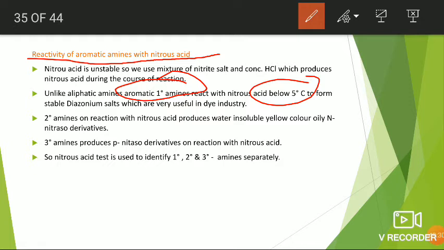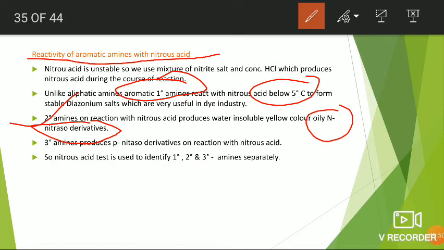Next, in the case of secondary amines, aromatic secondary amines also undergo reaction with nitrous acid to form an oily N-nitroso derivative, as in the case of aliphatic amines.